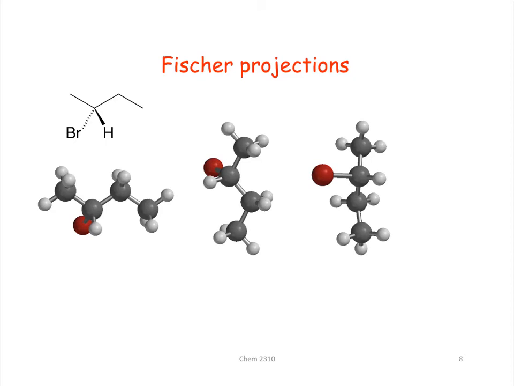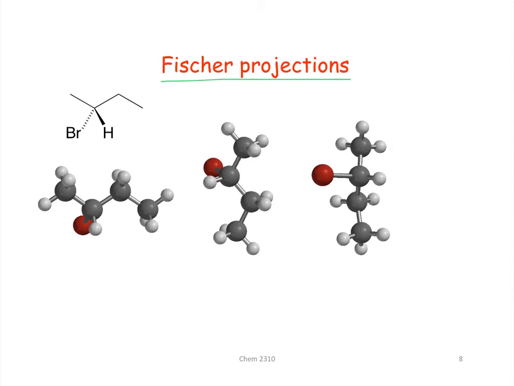I'm not going to actually test you on this, but I want you to be able to recognize what it represents. And these are called Fischer projections. They're oftentimes used for sugars, for carbohydrates, maybe for amino acids, but let's see how they work, and then I'll tell you why I don't really like them that much.